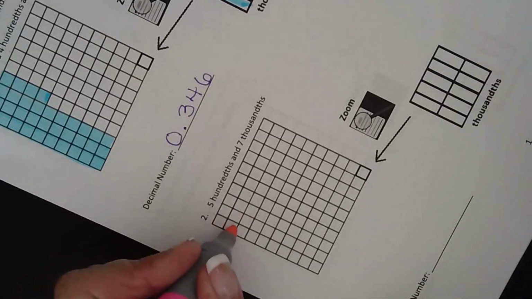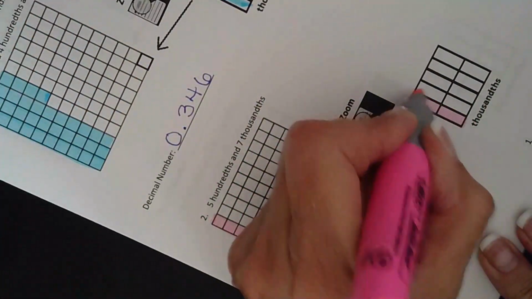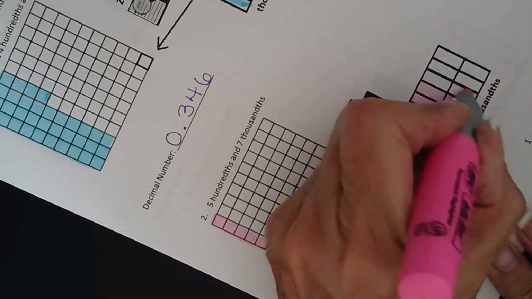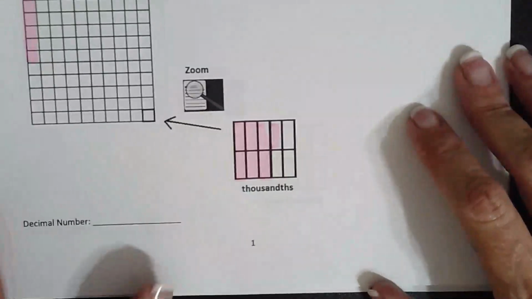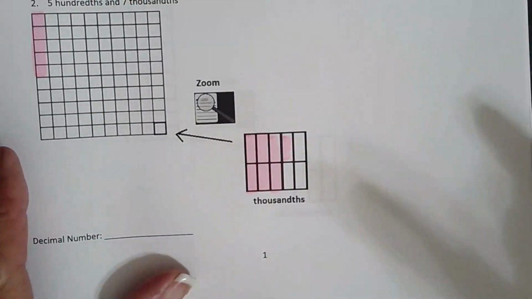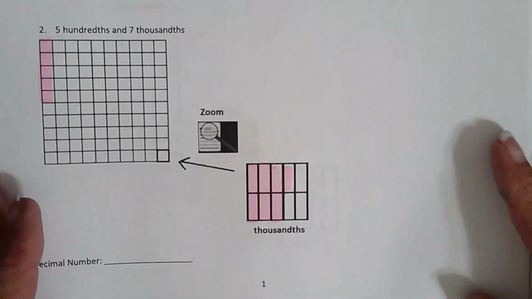So 1, 2, 3, 4, 5 out of 100. And then 7 thousandths. 2, 4, 6, 7. So when you go to write a number that has a thousandths place, always remember 1,000 has 3 zeros. Therefore, thousandths has 3 decimal places.